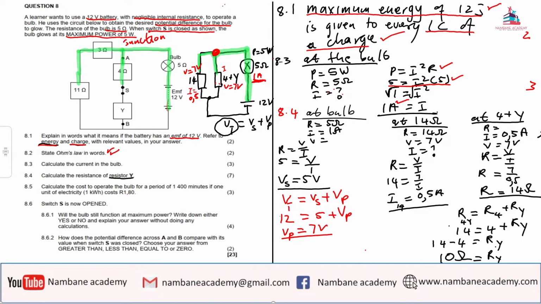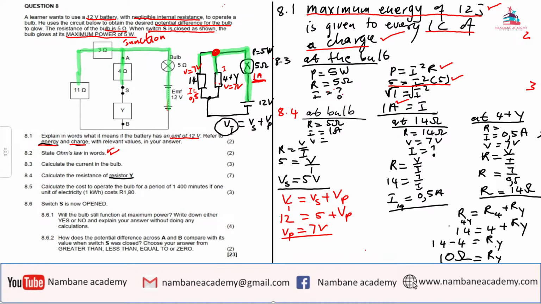So the key thing is check how many sections you have. Do you have a parallel combination? If that is a yes, do you have a series connection? If that is a yes, then the V total is shared between the parallel and the series, but it is not going to be shared equally.